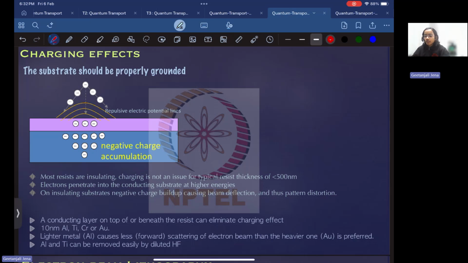It doesn't depend on what kind of substrate we are using, whether it is conducting, insulating, or a semiconductor. But in electron beam lithography, we are using an electron beam, which is a negatively charged particle.